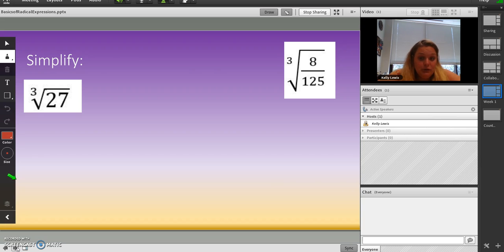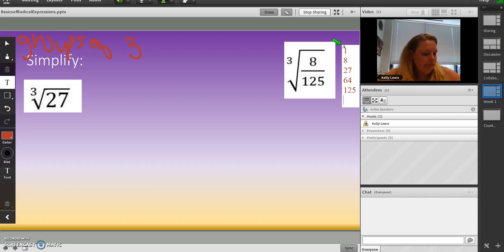All right, let's do this. Cubed root means groups of 3. Cubed root also has different numbers. So 1 times 1 times 1 is 1. 2 times 2 times 2 is 8. 3 times 3 times 3 is 27. 4 times 4 times 4 is 64. 5 times 5 times 5 is 125. 6 times 6 times 6 is 216. 7, so on and so forth, okay?